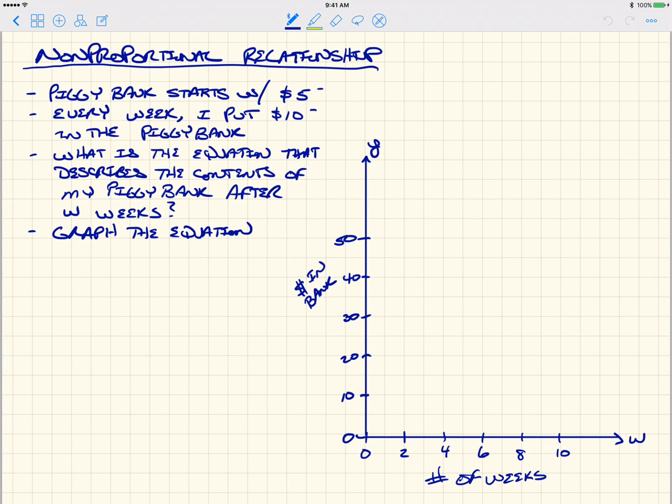All right. So after 0 weeks, how much money is in that piggy bank? Well, grandma gave me the piggy bank with $5 in it. Okay, so as soon as I got the bank after 0 weeks, there were $5 in the piggy bank. Okay, now a week passes by, and I put $10 in that piggy bank.